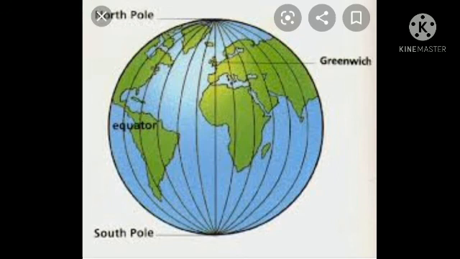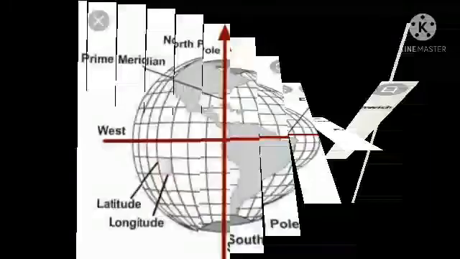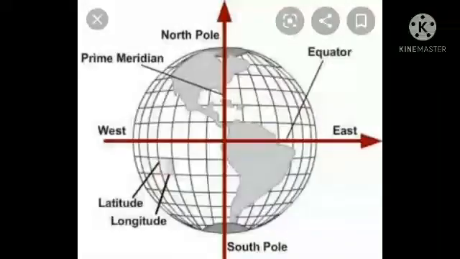Some countries such as USA, Canada, Australia and Russia, which have an east to west extent, have several time zones. Canada has 6 time zones, Russia as many as 11 time zones, and USA has 6 time zones. So latitudes and longitudes have different importance.